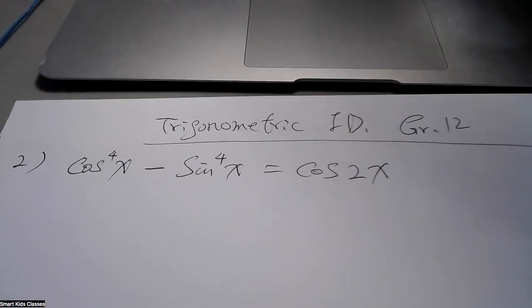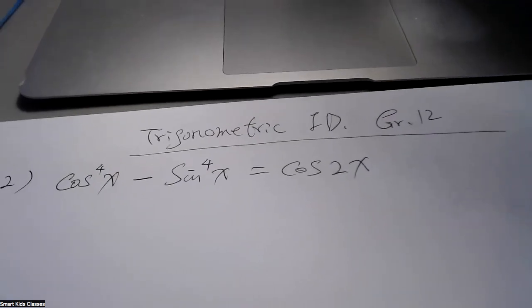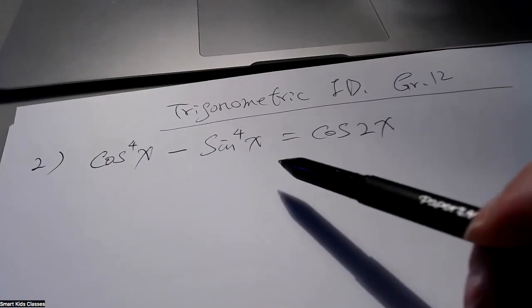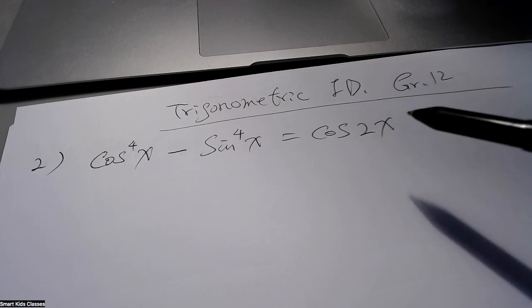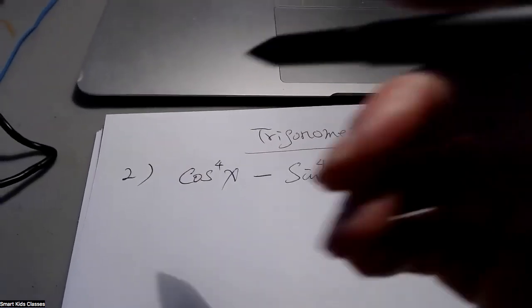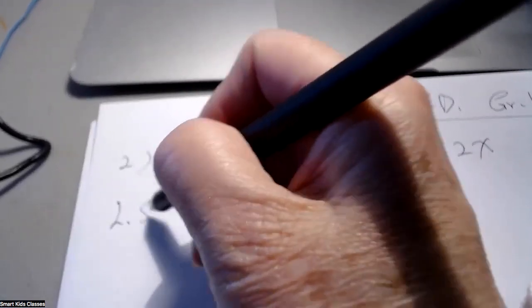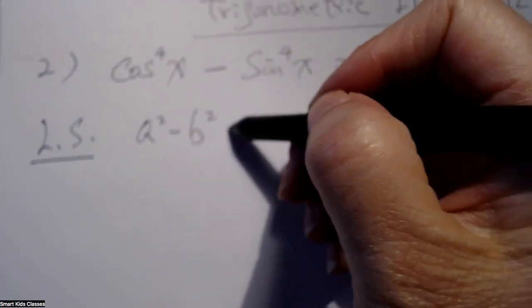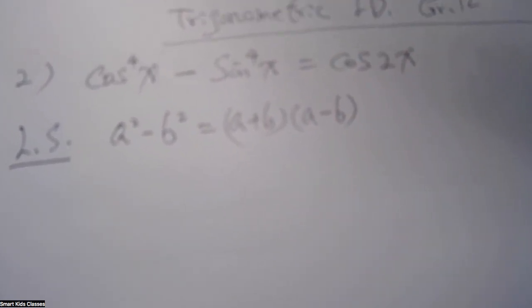The next question is cosine exponent 4 subtract sine exponent 4 equals cosine 2x. We are going to solve the left side. We apply the formula a squared minus b squared equals a plus b times a minus b.